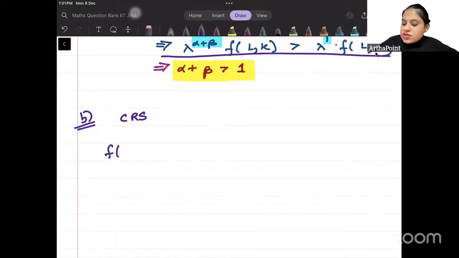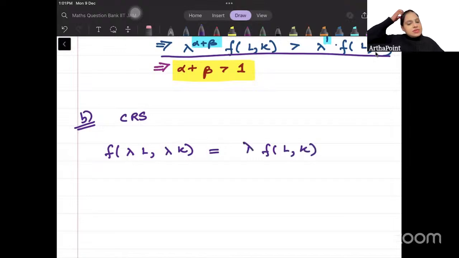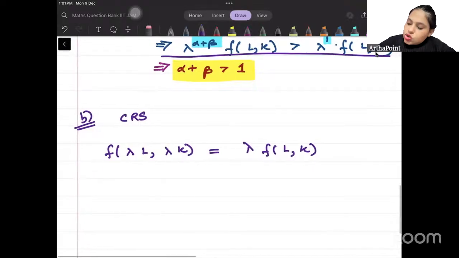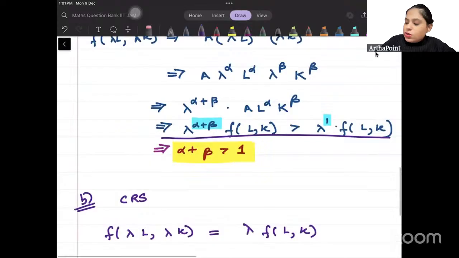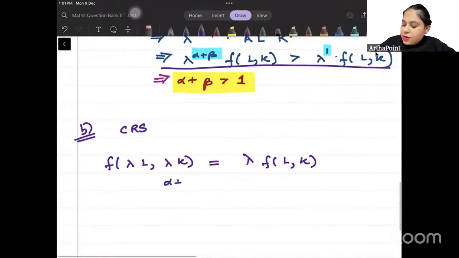Your equation is that if you scale labor and capital, then it is equal to the output times the scalar lambda. Now if you solve this, because it's an equal to, you just keep putting equal to. So you will get alpha plus beta exactly equal to 1. That would be the condition for CRS.